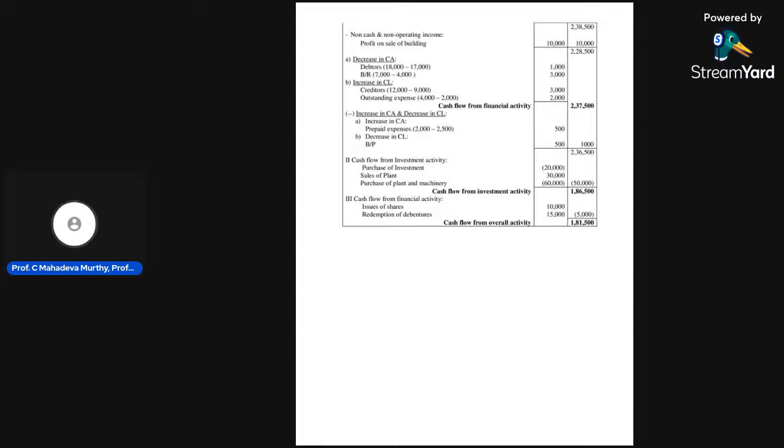We need to add 9,000 to 2,28,500. That is 2,37,500. This we call cash flow from financial activity.